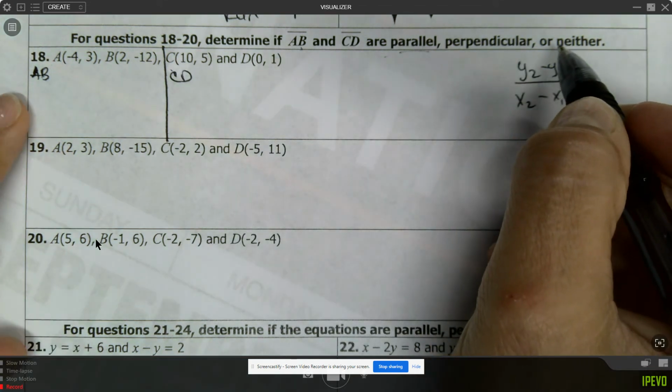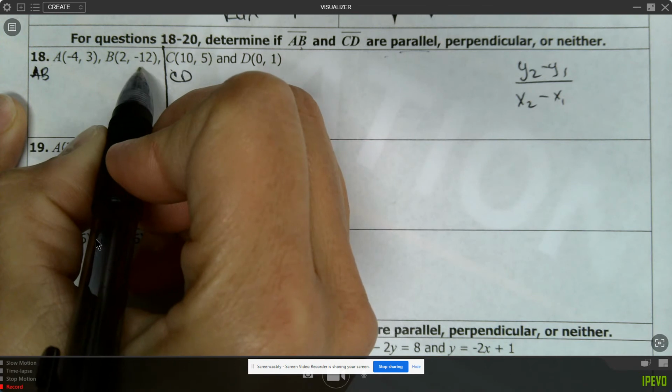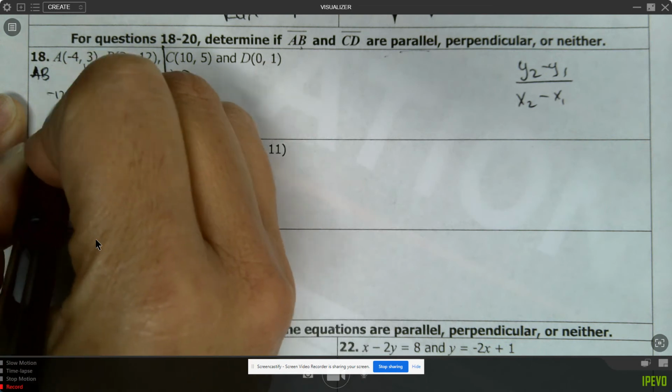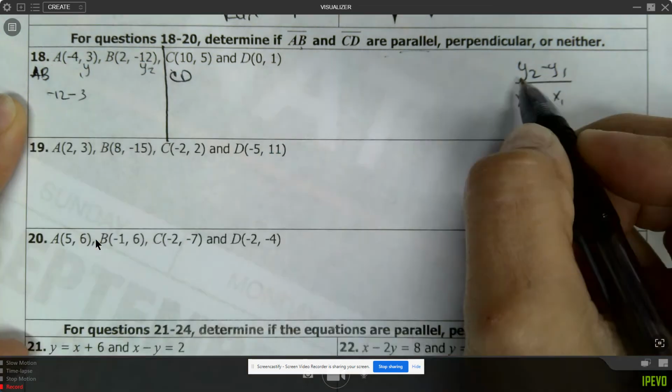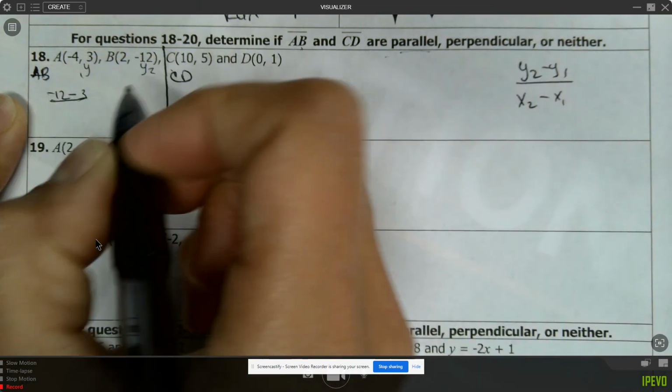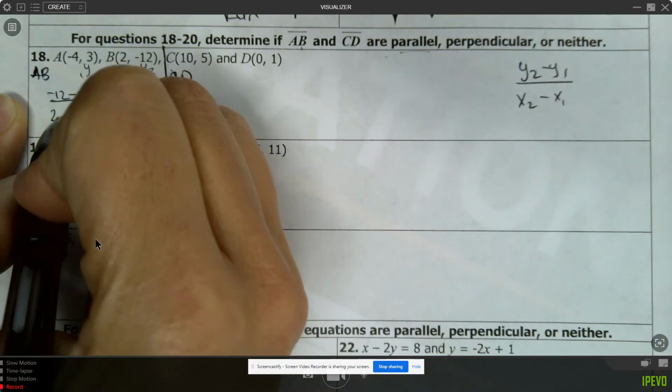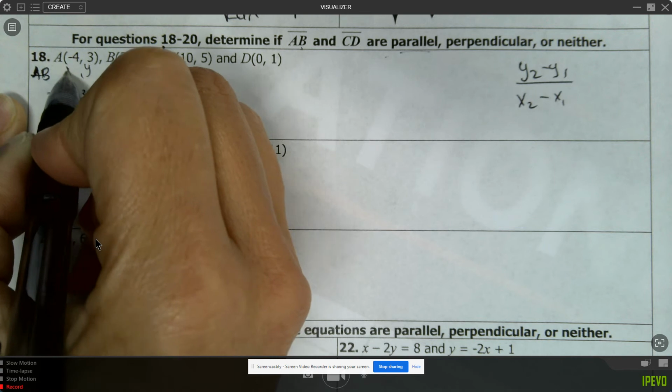So the line AB will be y2 minus y1. Here's y2, the y of the second point, minus y1, which is the y of the first point. So I'm going to do negative 12 minus 3, and that's on the top of a fraction. Then the second point, this is the x2, which is 2, minus the x of the first point, which is negative 4.